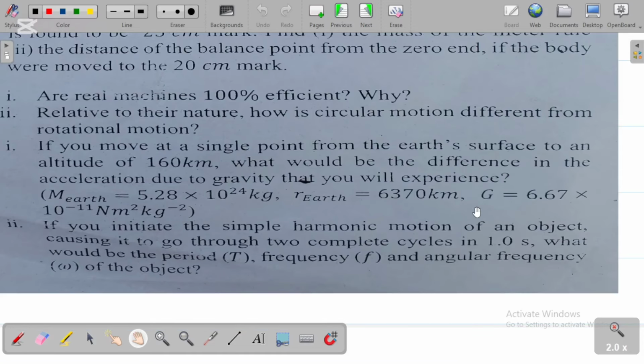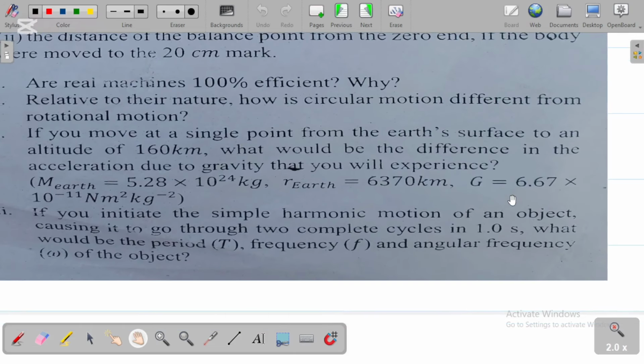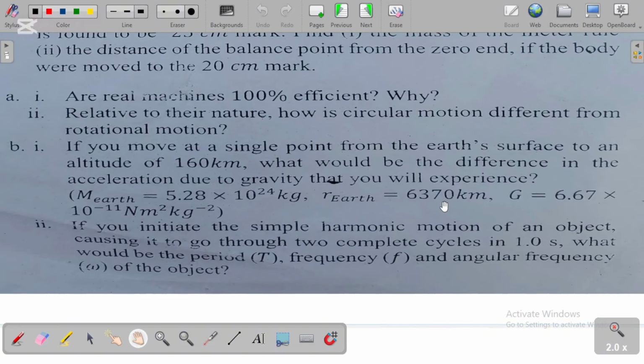Alright, the next parameter given is the gravitational constant G. It is given as 6.67 multiplied by 10 raised to power negative 11 Newton meter square per kilogram square.